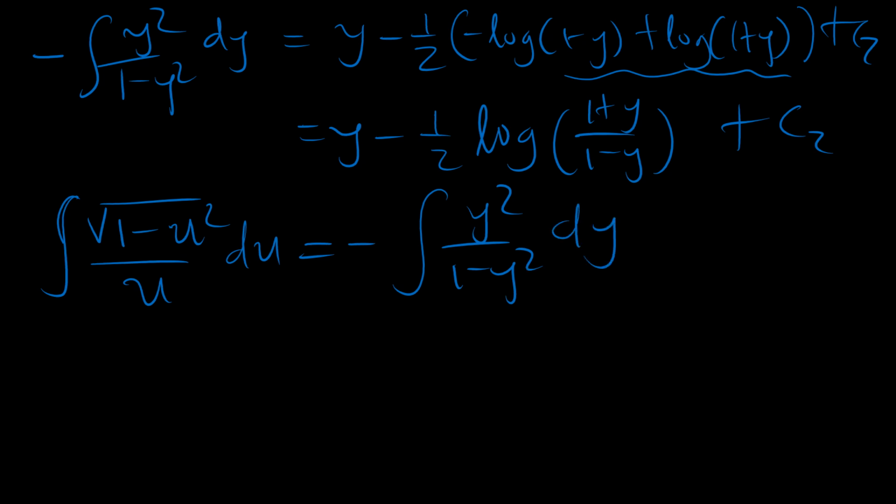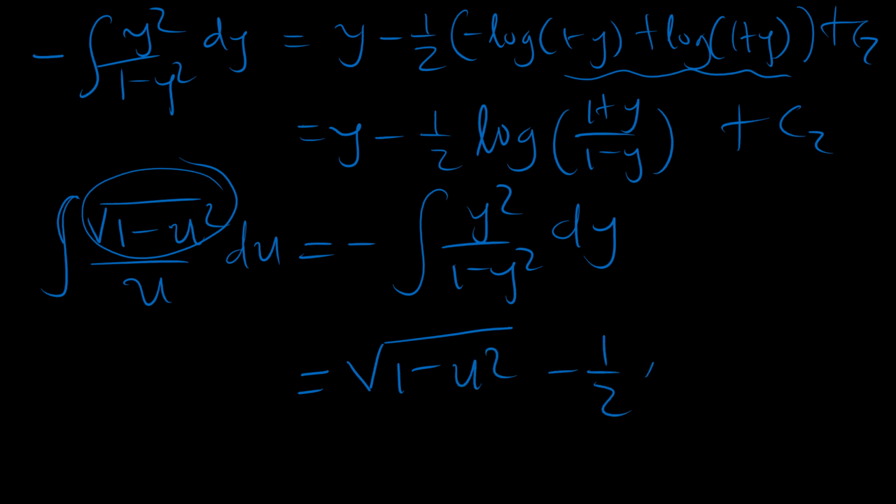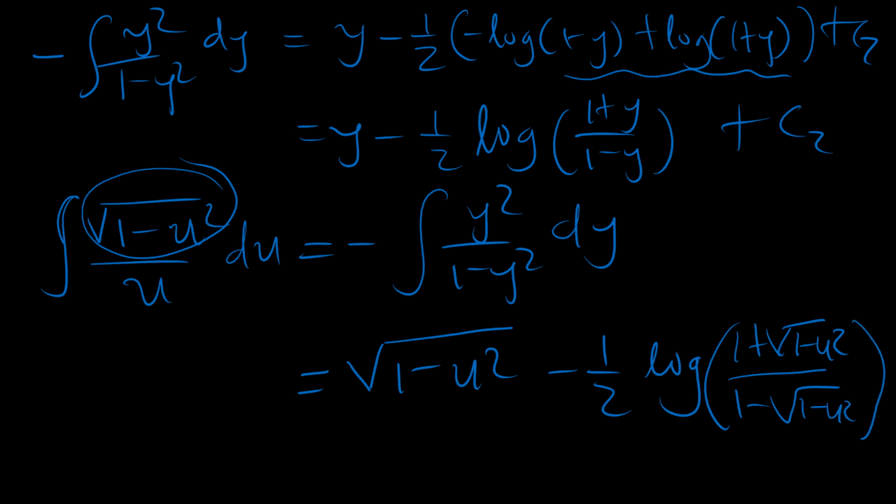And since this part here is what was denoted as y, then that becomes the square root of 1 minus u squared minus a half natural logarithm of 1 plus square root of 1 minus u squared over 1 minus square root of 1 minus u squared, plus the integration constant C2. Okay?